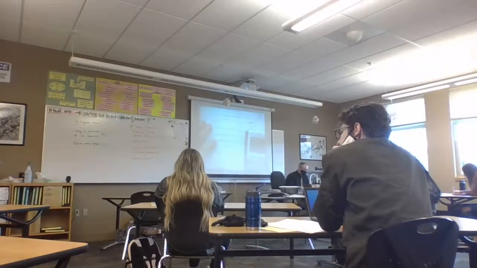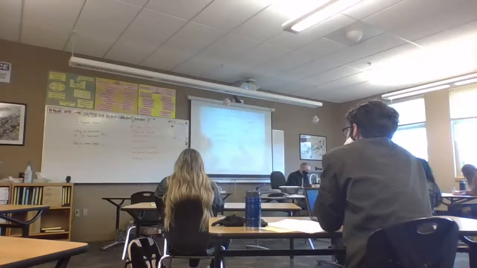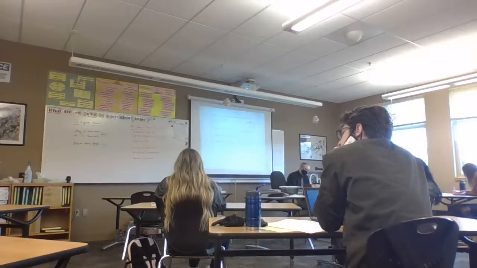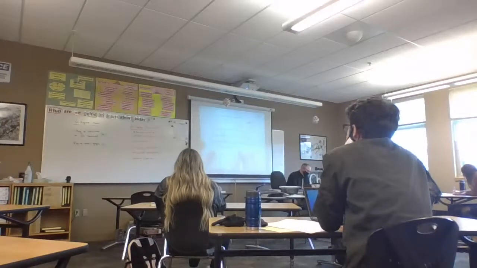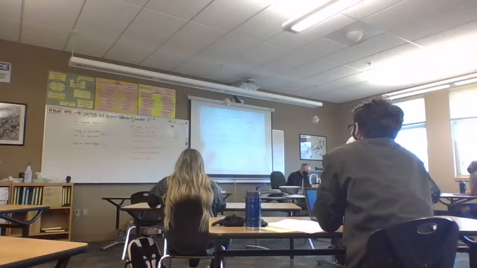So that would be inverse norm of 0.3. Did I say 0.3? Yeah, because that's the area, that's the percentile. And then you're going to put a mean, the standard deviation. And that's 92.95 miles an hour.